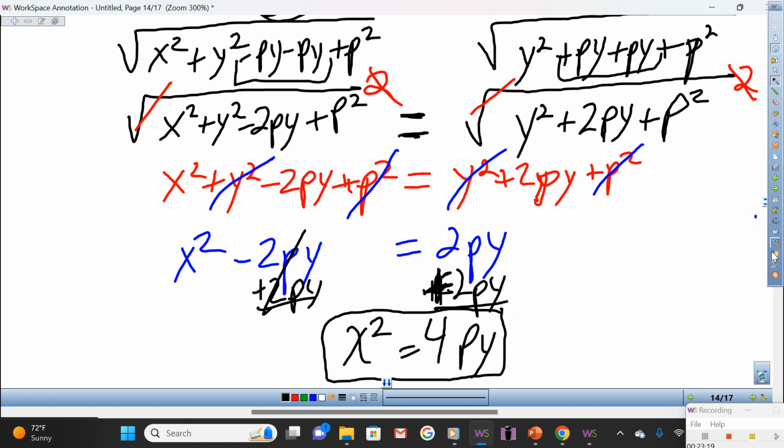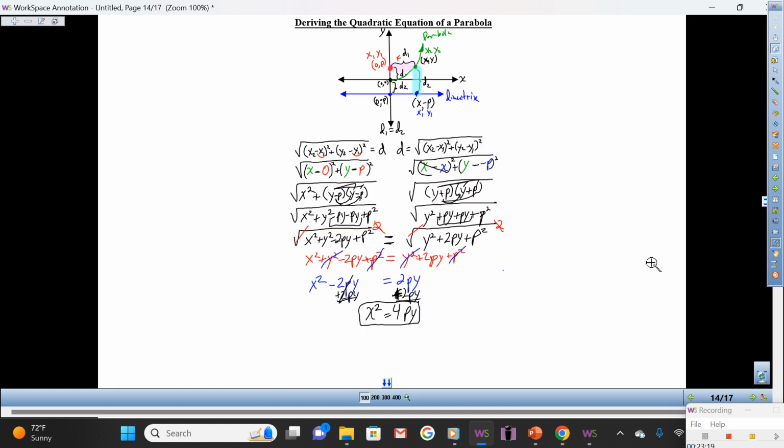So you're saying, so what is the homework, Mr. Q? Let me zoom out. That. You need to do 4 of those. Let me show you how. You start with the graph first. Then you write D1 equals D2. You write your D1 formula, substitute values for that first distance. Then D2, set them equal to each other, simplify, come up with this equation.